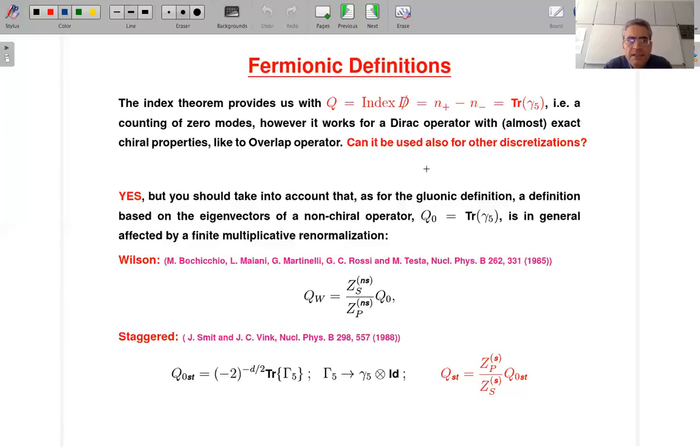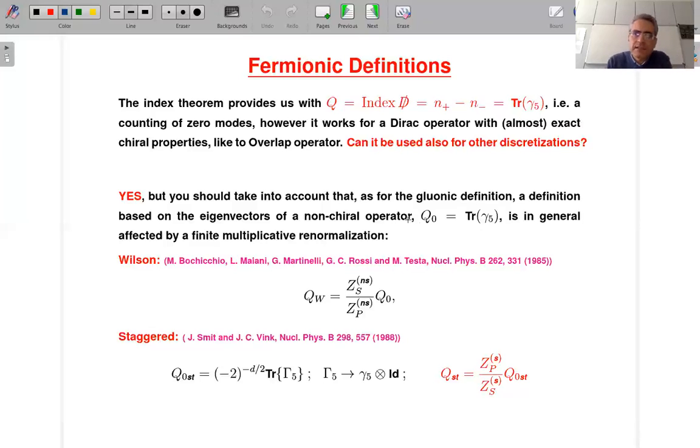Now the answer is yes, but you discover that in this case you have to take into account the same sort of renormalizations that you had in the gluonic case. So, for instance, you have your discretization of your fermions, so you have a definition of gamma 5, and so you can define a discretized topological charge as the trace of gamma 5 in your discretized fermions.